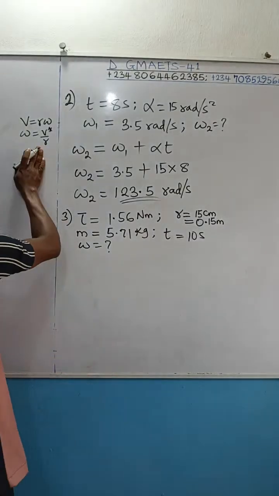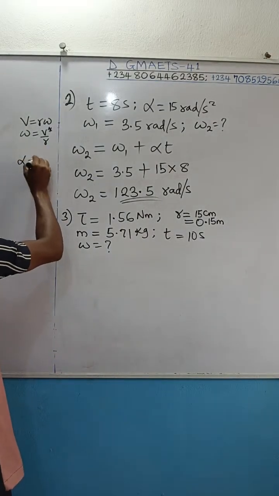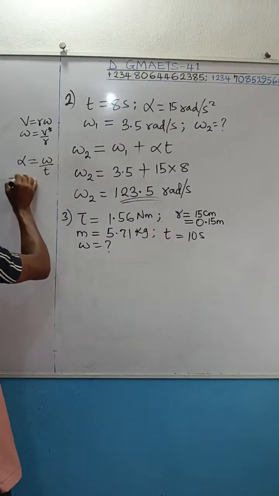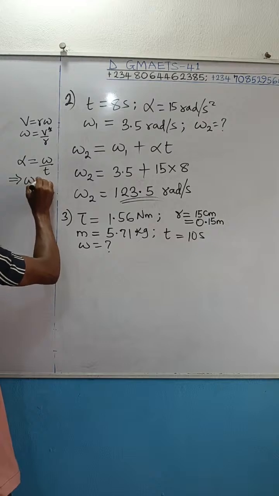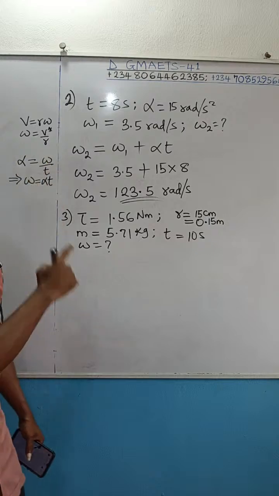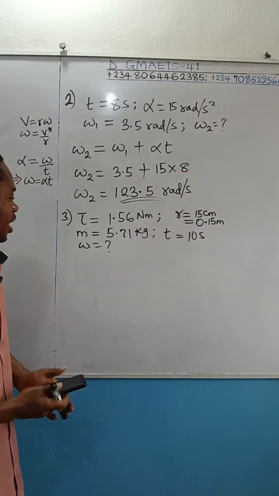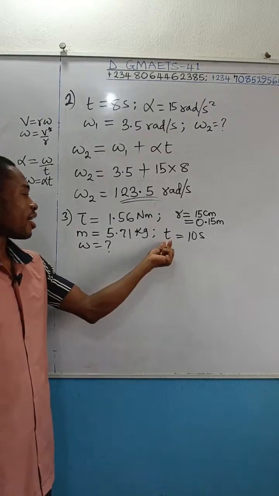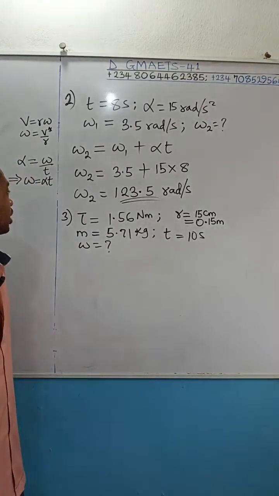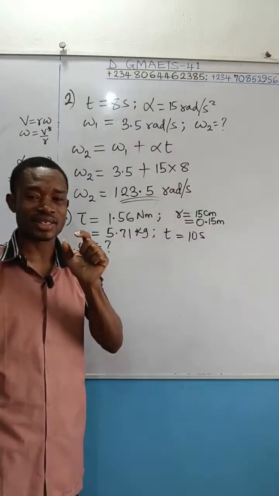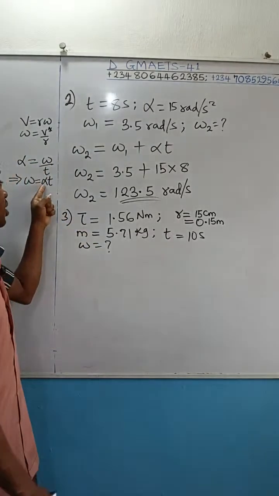We have this formula that angular acceleration is velocity divided by time, which means that angular velocity will be angular acceleration times time if you cross multiply. Now, if you look at this data provided, I have my time, and it's possible for me to get this angular acceleration.